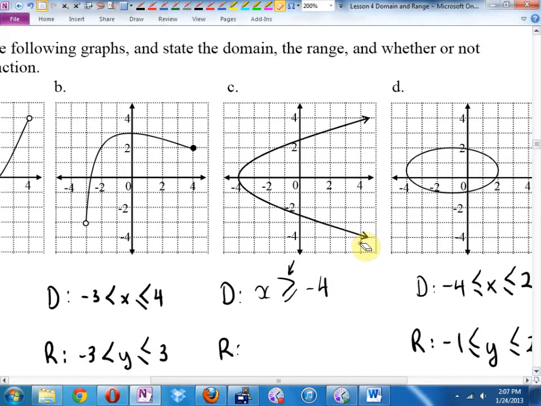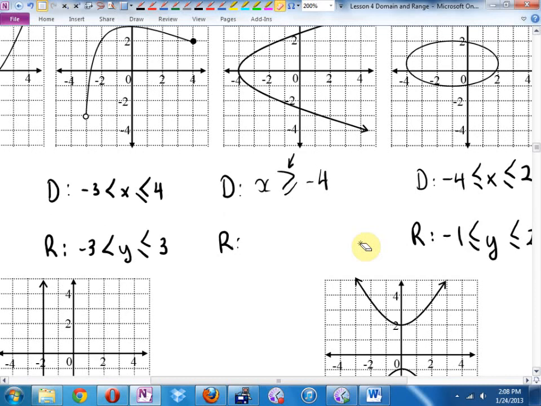Same reasoning. How high does this graph go? Positive infinity. Okay? Don't write this down because this is too much writing. You could say everything between positive and negative infinity. Too much writing. We have a fancy way to write that.